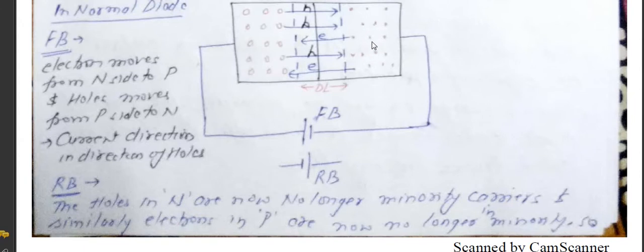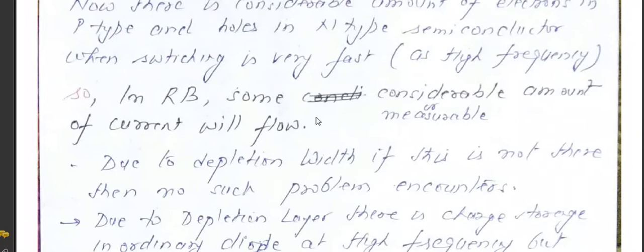So because of this, some charge is stored in this depletion portion of the PN diode in reverse bias mode. So now we can say that there is considerable amount of electrons in P type and holes in N type semiconductor when switching is very fast, means at very high frequency.